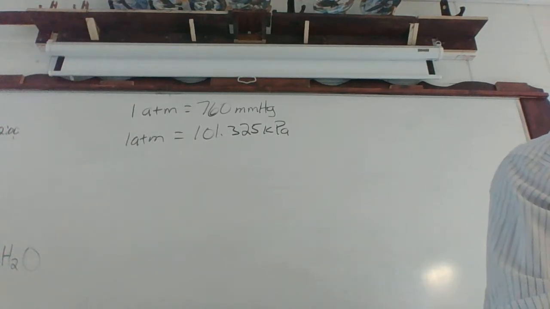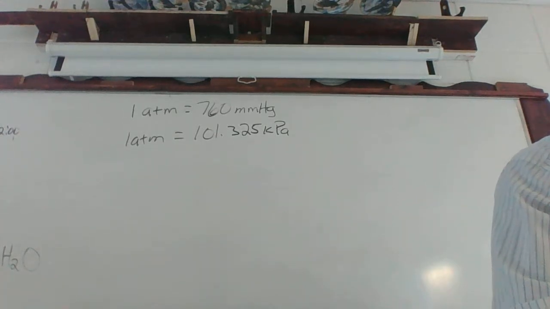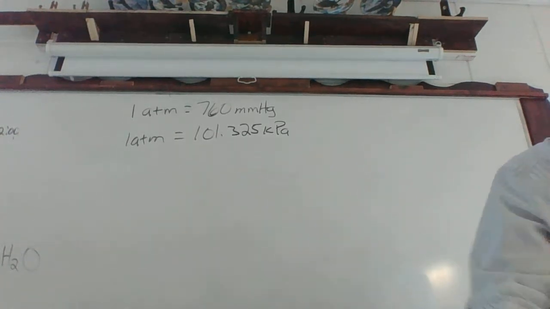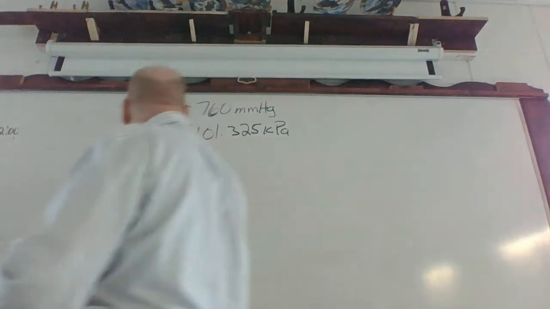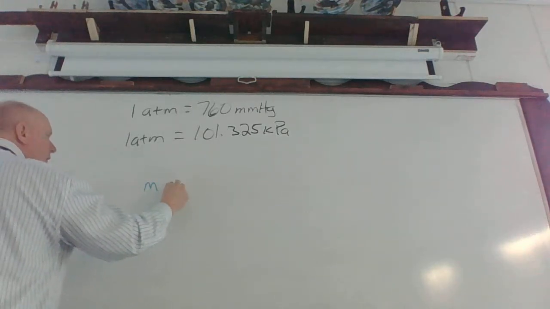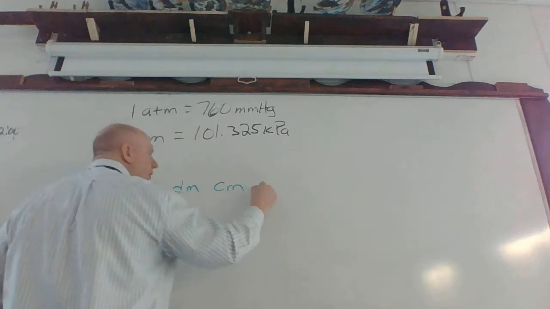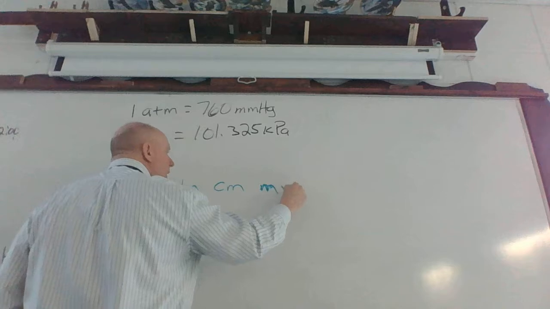Now, how many millimeters are in a meter then? Because when we think of that, sometimes I got to think about that too. If we have a meter here, then of course we have what's called a decimeter, then here's our centimeter, and then here's our millimeter way out here.